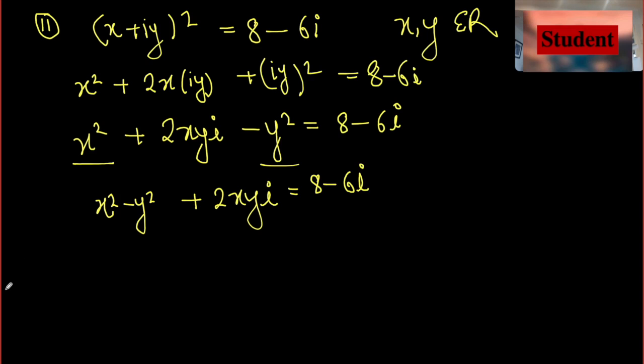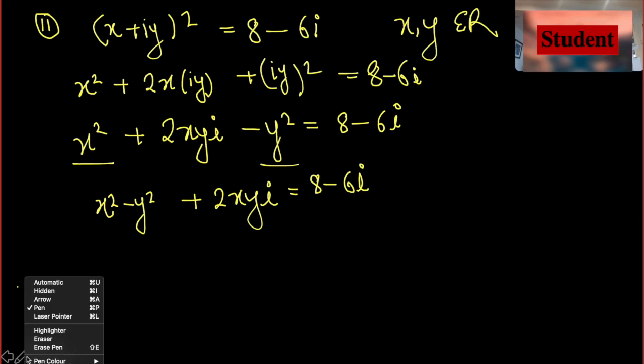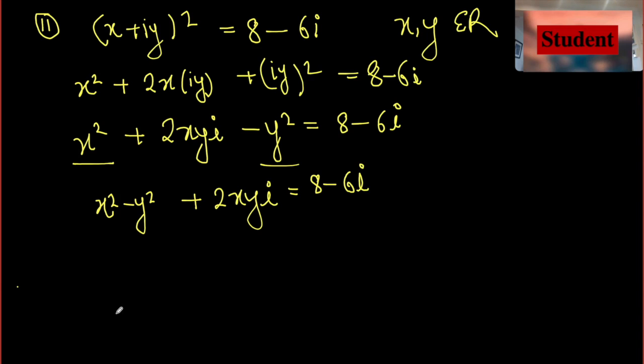Now we have to do comparison. We have to compare real with real and imaginary with imaginary. So this should be equal to 8, is it not true? So you can write x² − y² is equal to 8.